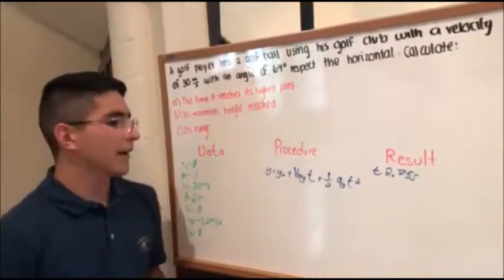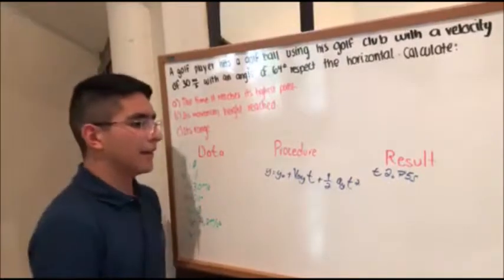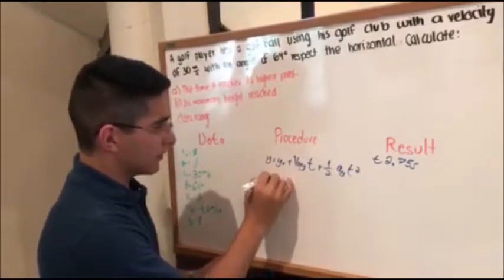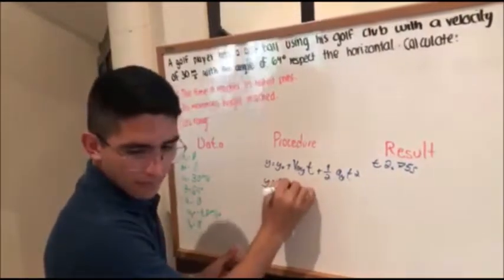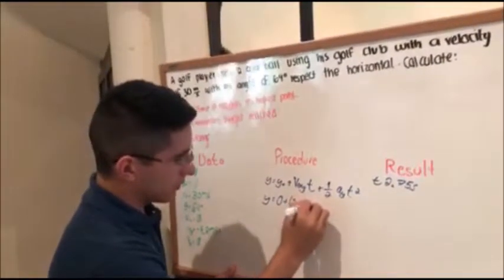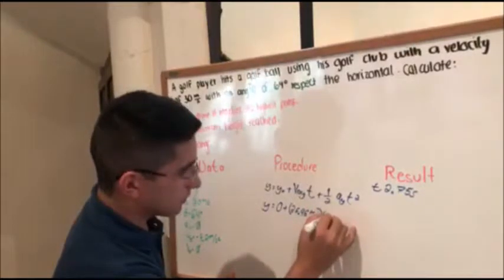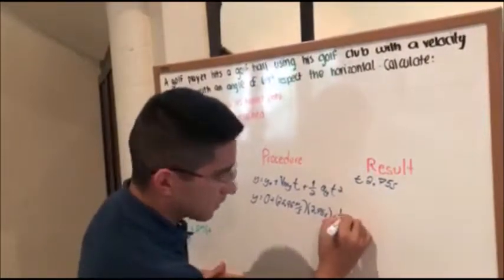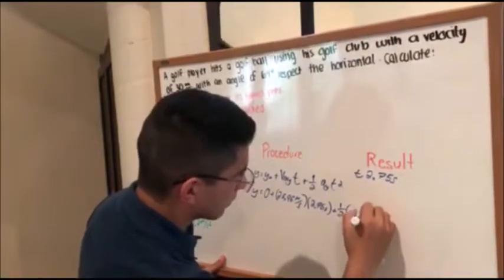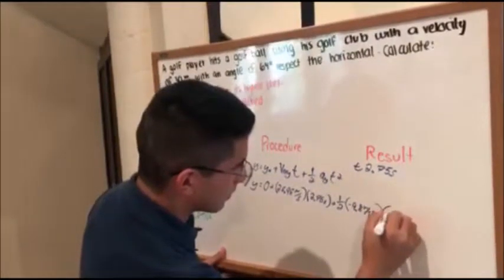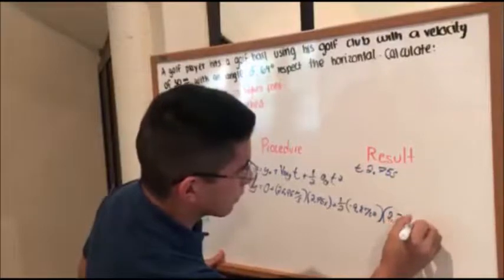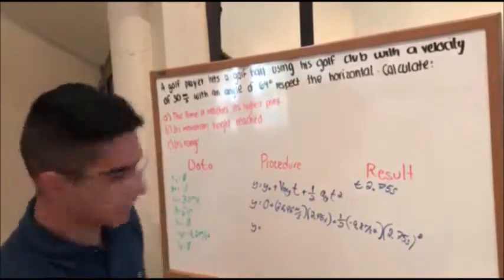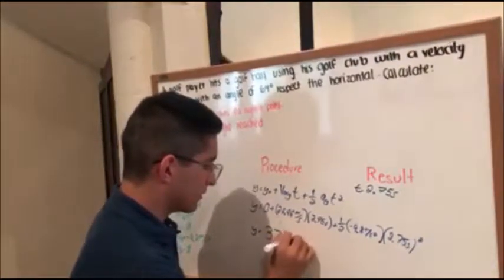Okay, to obtain the maximum height, I will need this formula, and if I change the values that I have, and if I make the operations, the maximum height is 37.08 meters.